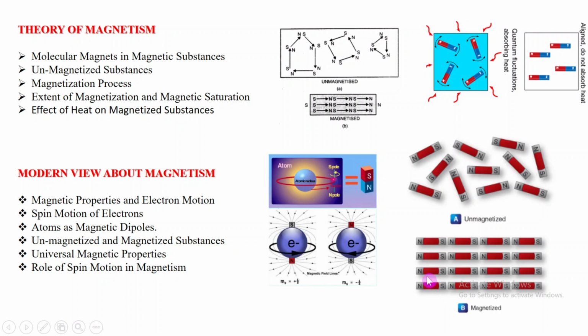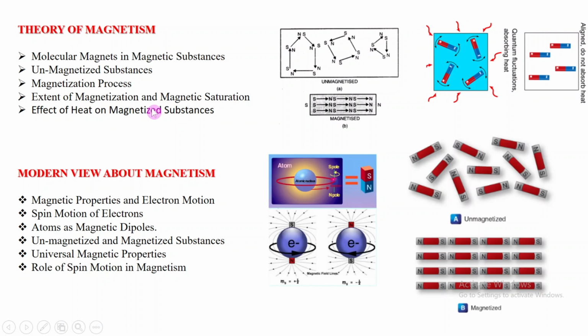If we provide an external magnetic field to that material, the molecular magnets of that material will arrange in such a way that their magnetic field will support the magnetic field of the external magnet. Therefore that material will also behave as a magnetic material in the presence of an external magnetic field.